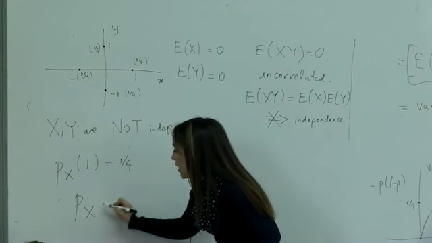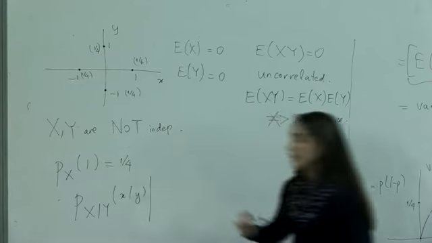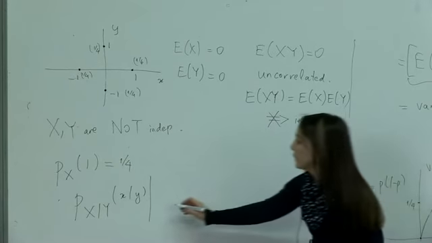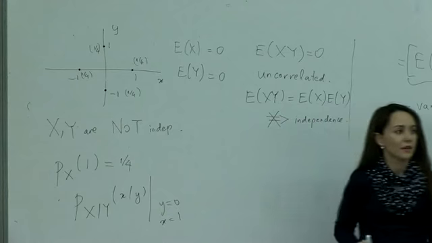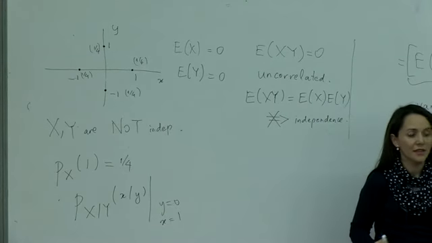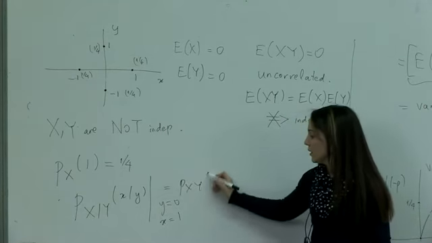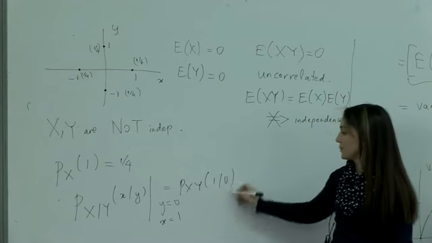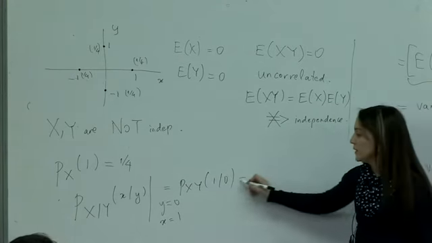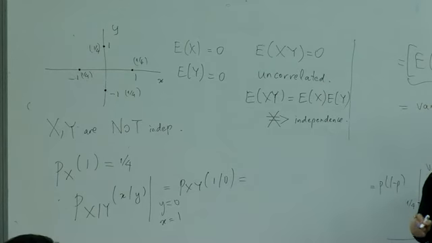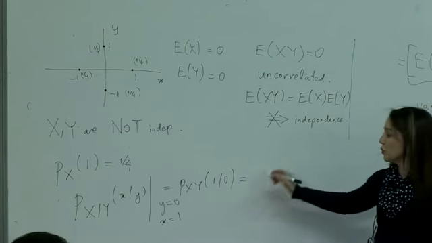P x given y, x given y. I'm evaluating this at y equals 0 and x equals 1. Right? What do I get? Pxy, 1 given 0. What is this probability? 1/2.